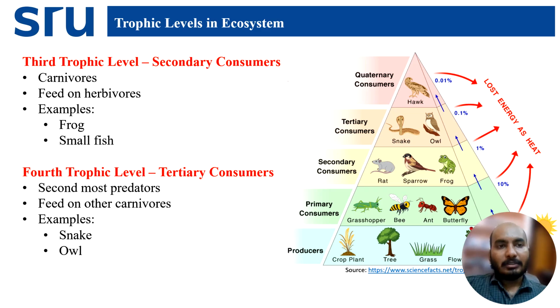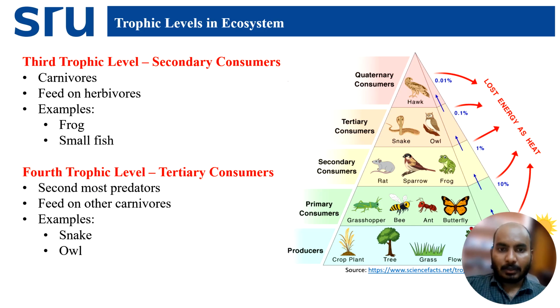Coming to the next trophic level, the secondary consumers. Their food is based on the herbivores, since they depend on organisms that have already lost energy. Energy is transferred from producers to primary consumers, but a portion of it is lost at the primary consumer stage.